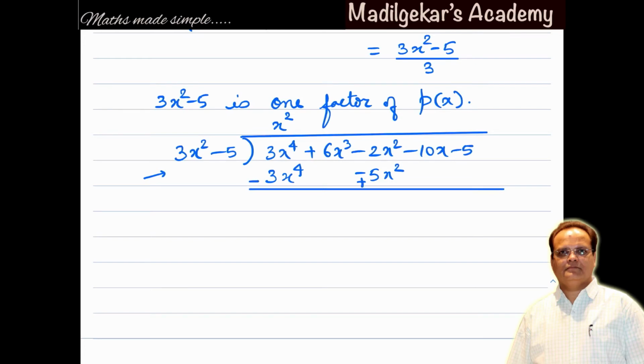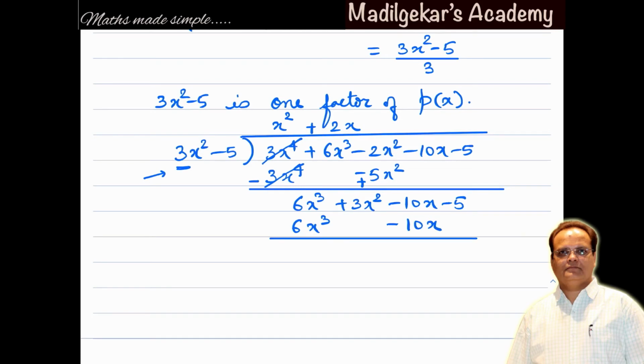Subtracting, 3x raised to 4 gets cancelled. 6x cube plus 3x square minus 10x minus 5. Now multiply by 2x. So 2x into 3x square gives 6x cube minus 10x.